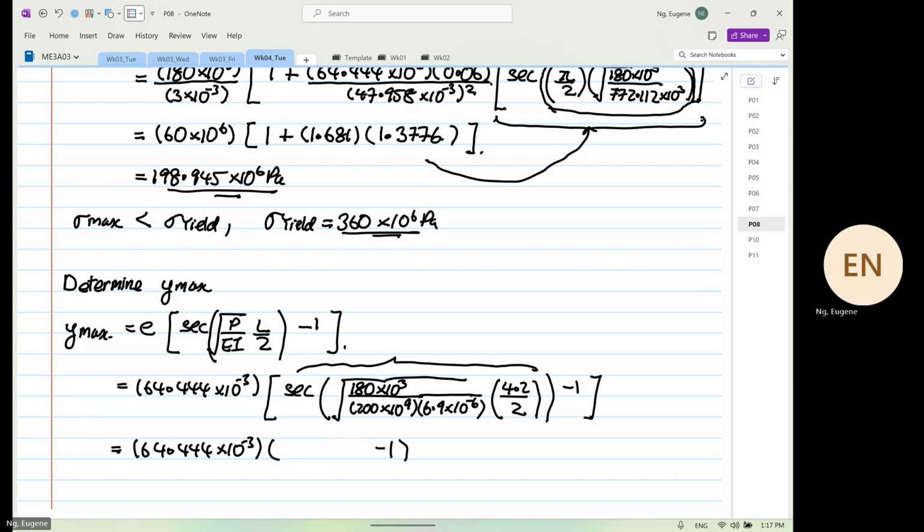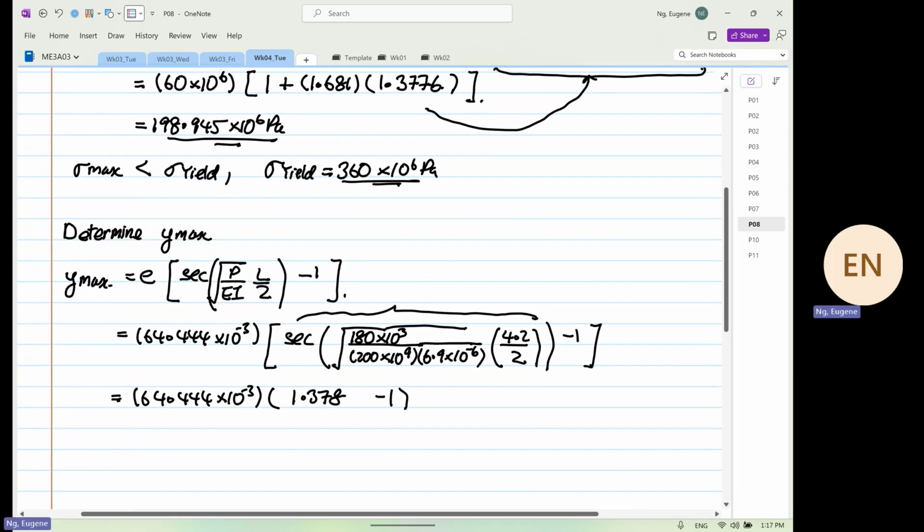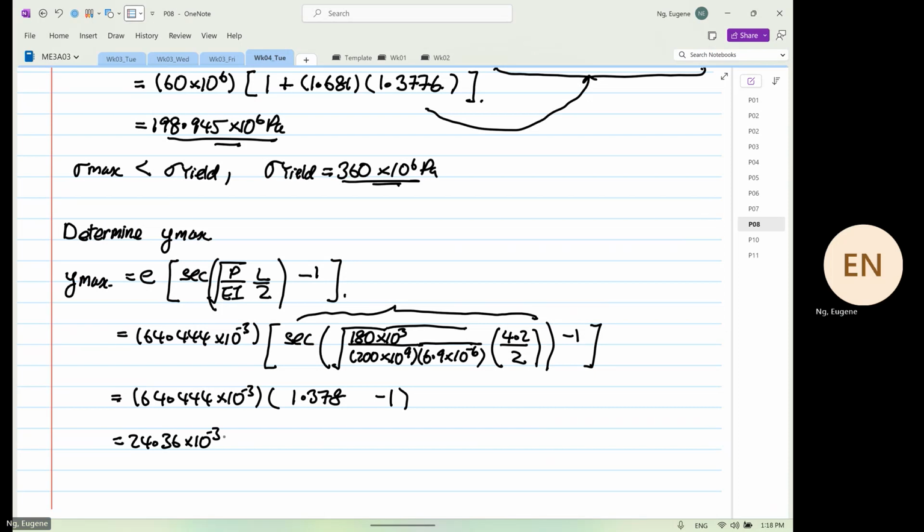Oh, it's not. So this should be 1.378. And the deflection will be equal to what? 24.36 times 10 to the power minus 3 meters.